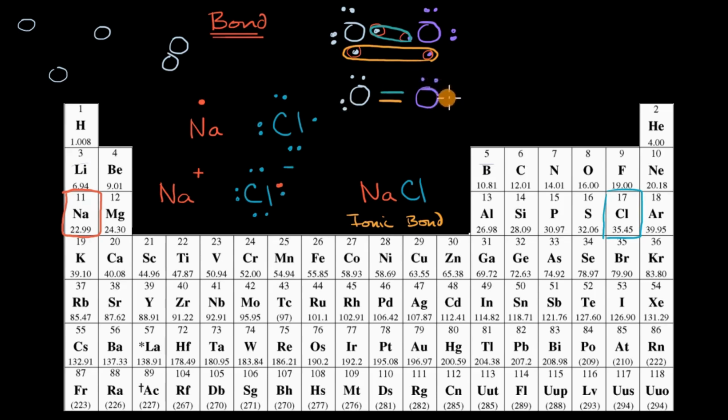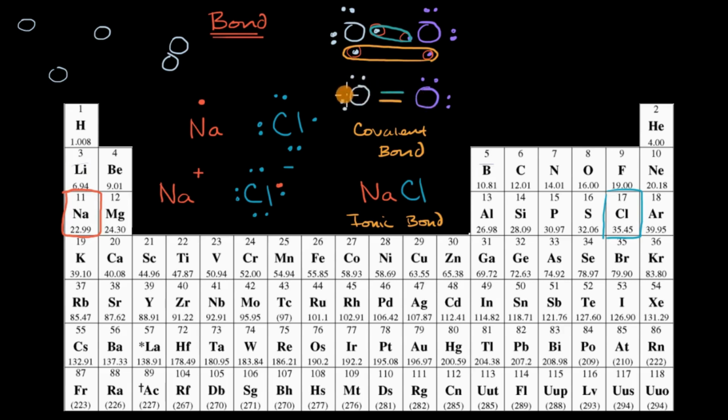Now what's interesting here is these shared electrons are going to cause these oxygens to stick together. If they don't stick together, these electrons aren't going to be shared. So what we have formed here is known as a covalent bond.